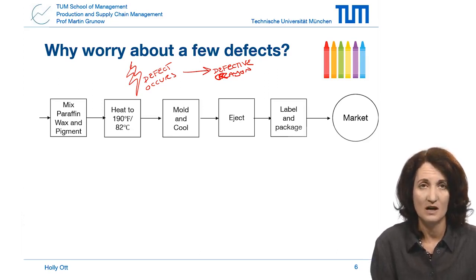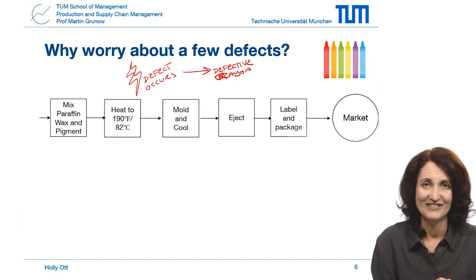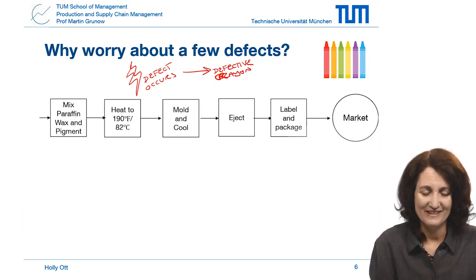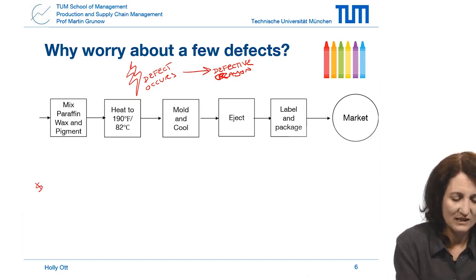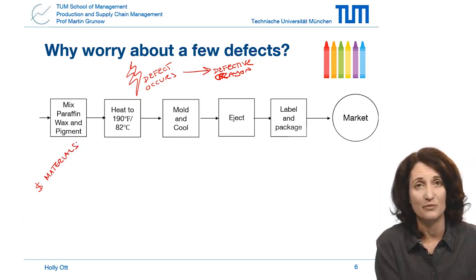Where are our costs here? Before the defect occurs, and we just did this in the face-to-face class with the students, and they said correctly, you have costs due to the materials. Now we said that's not so much in this example.